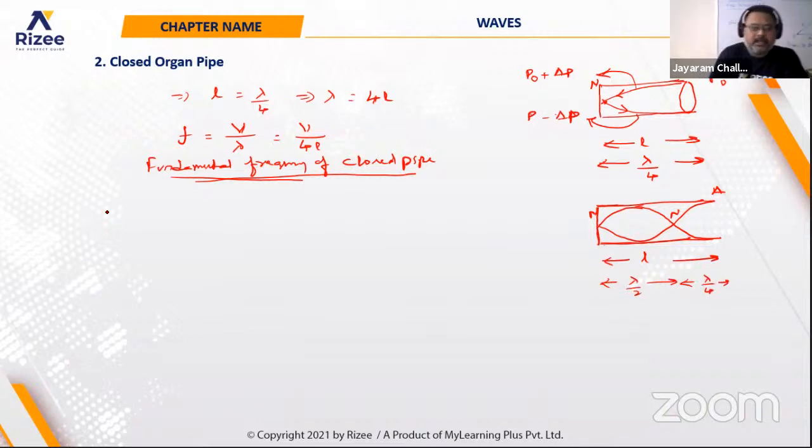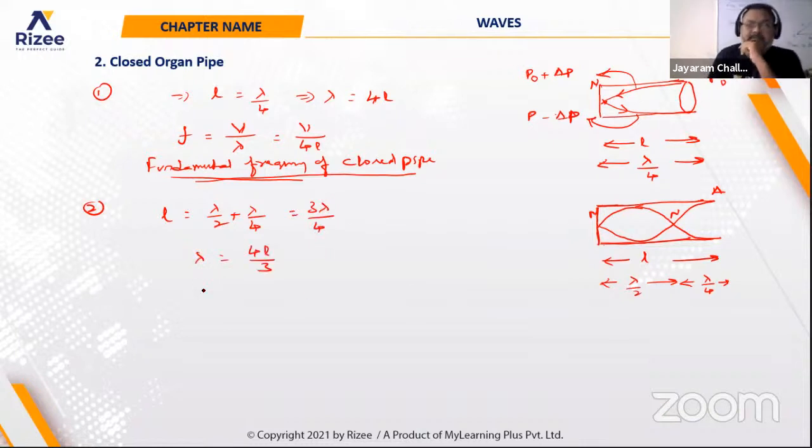Then the total length for the second case can be written as L is equal to lambda by 2 plus lambda by 4, which comes out to be 3 lambda by 4, and lambda is equal to 4L by 3.